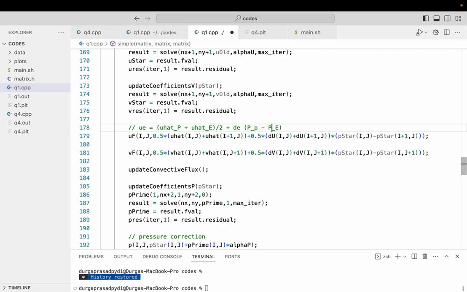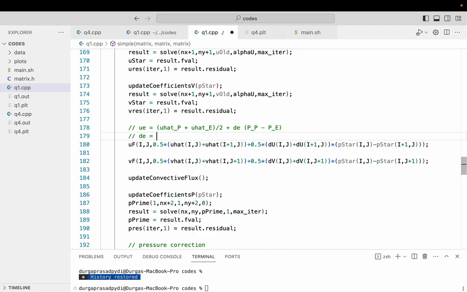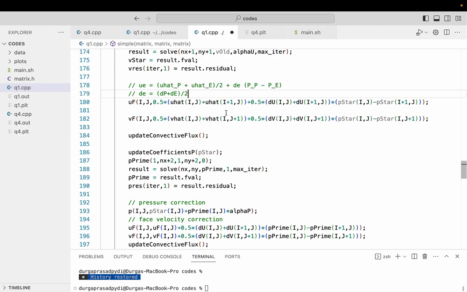And since I do not know the dE directly, I am just taking an approximation here, dE to be half of dP plus dE. Similarly for u and v, once I have calculated my face velocities, I will update my convective flux.